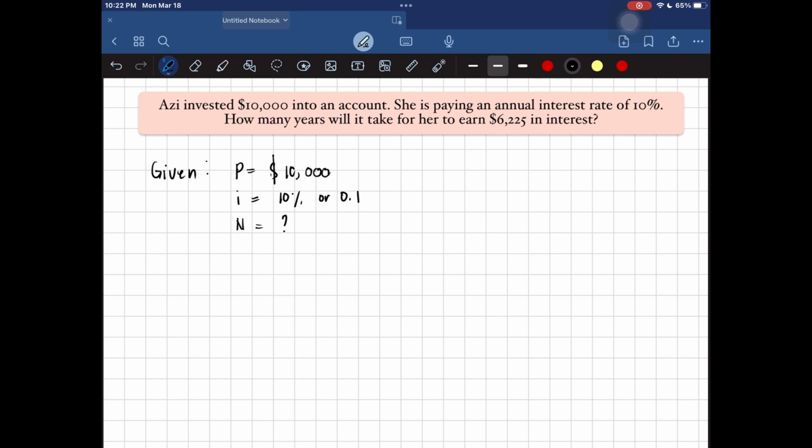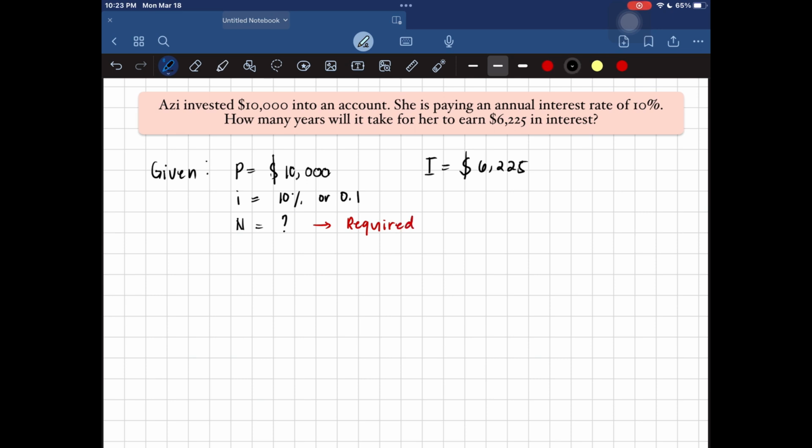So the uppercase I is equal to $6,225. The lowercase I is our 10% or our interest rate. So N here is required to be solved.